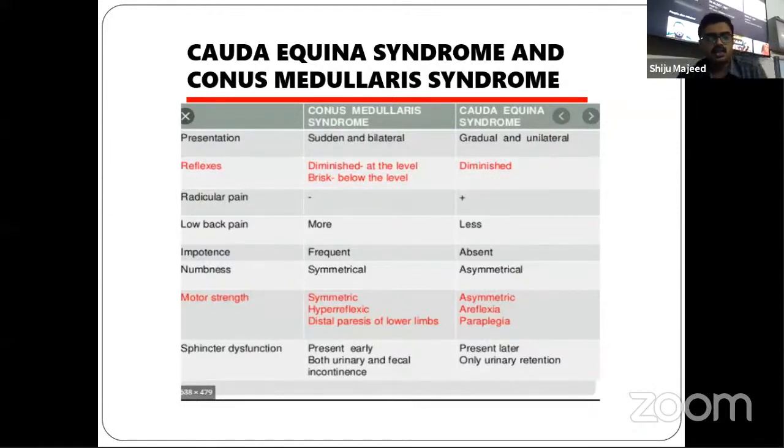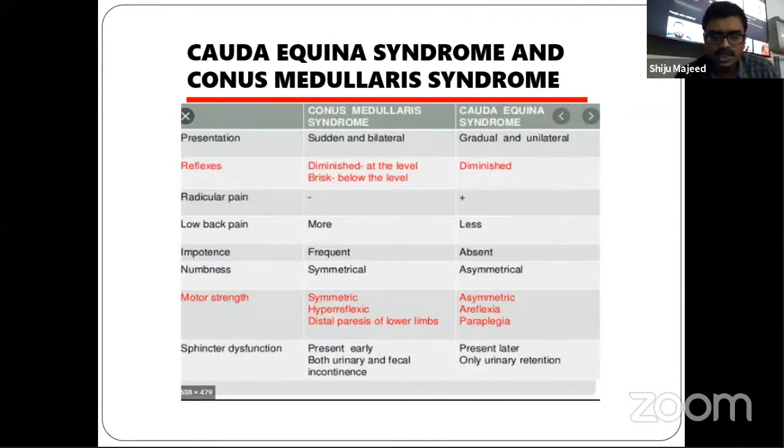So again, whenever you get a symptom, think about what happens to the motor, what happens to the sensory, what happens to the reflexes, what happens to the autonomic system. This is the way you should think about any syndrome, any cauda syndrome. So in a cauda equina syndrome, if you look at motor, it is unilateral or commonly bilateral, but asymmetric weakness. That is important. Asymmetric weakness, the progression of weakness is gradual.